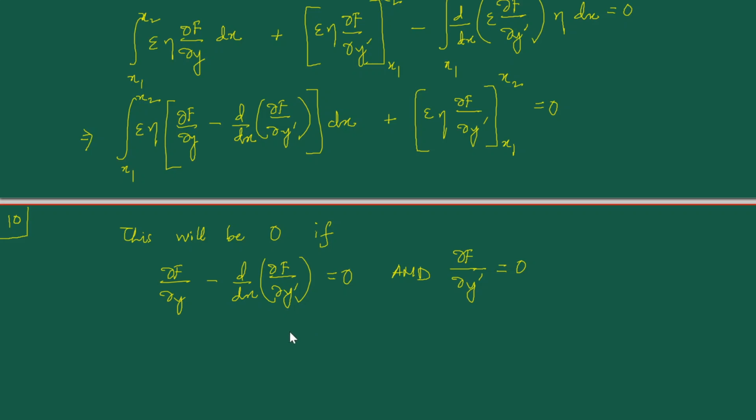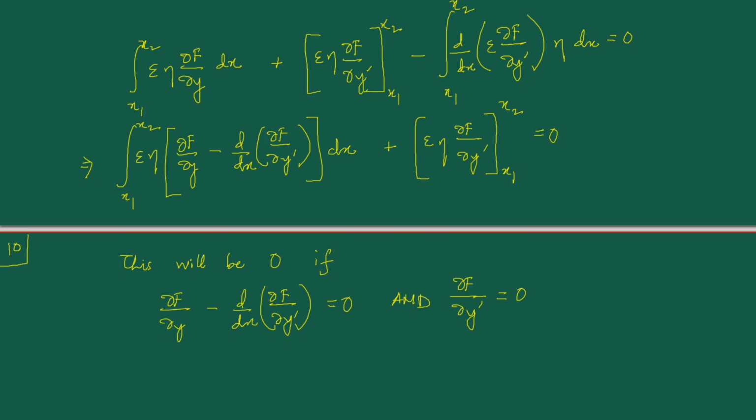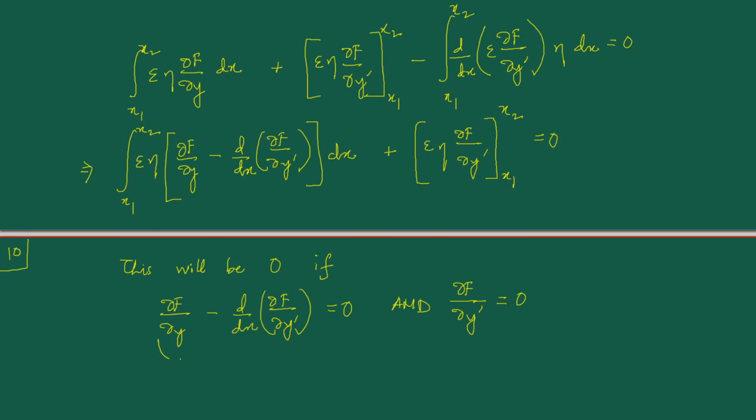All right, so as far as the basic development of what we require in the calculus of variations, that is done here. The bottom line is that we have arrived at the all important Euler-Lagrange equation.